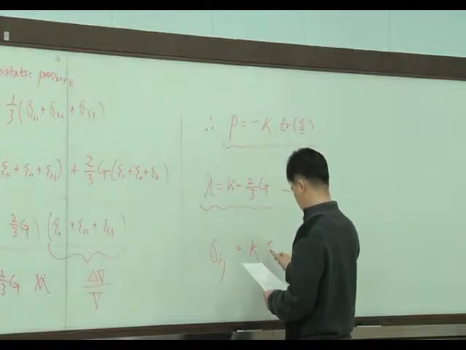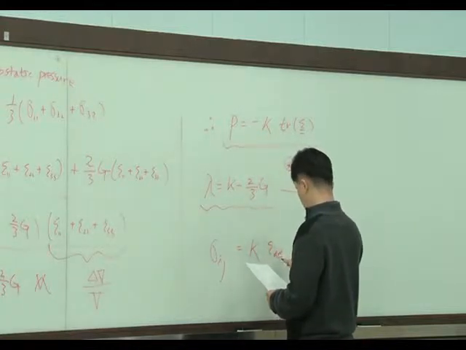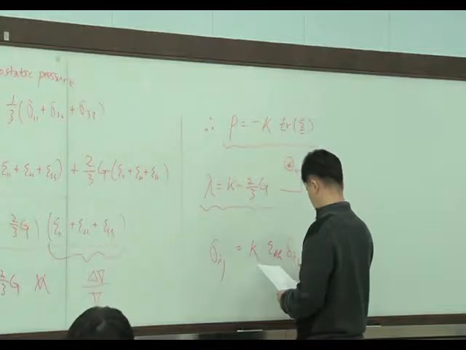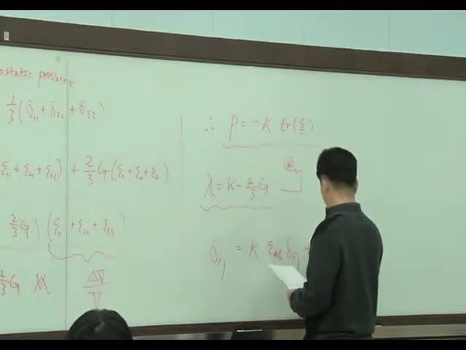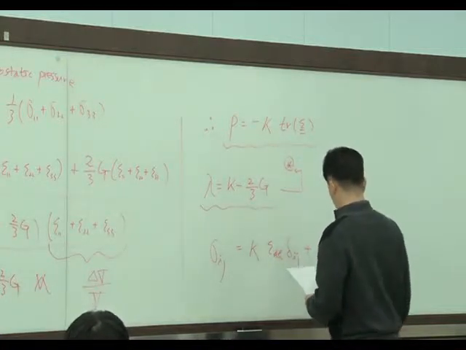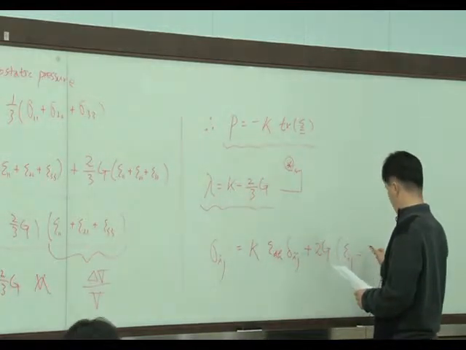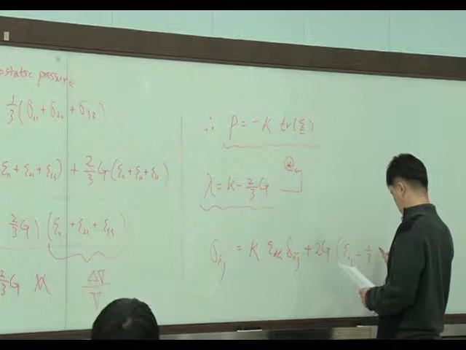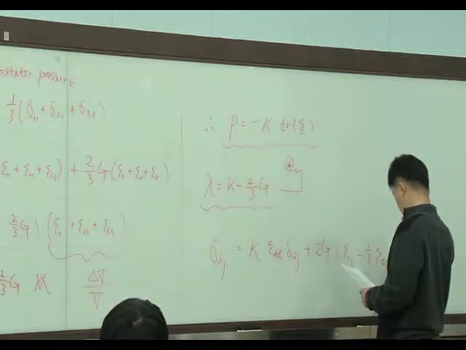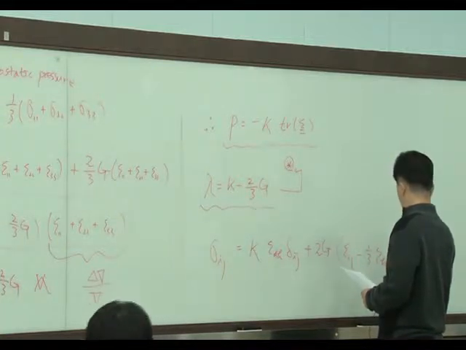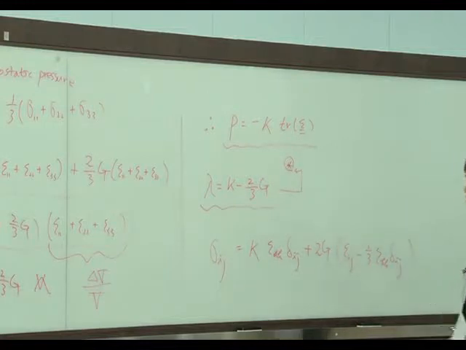K times the trace of strain times delta ij plus 2G and so on, and this is the result.